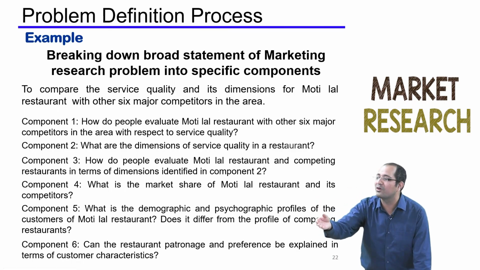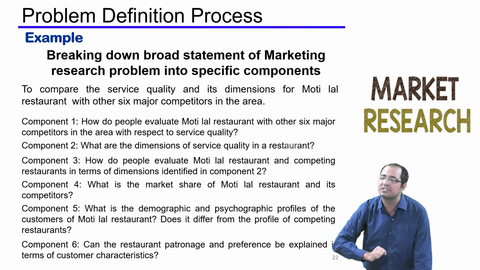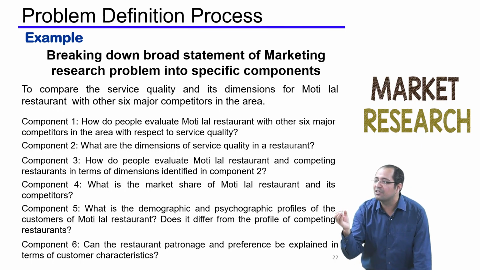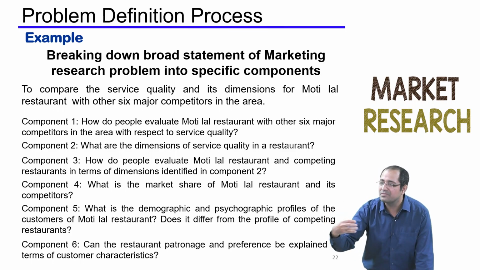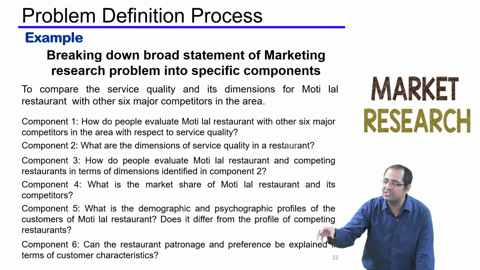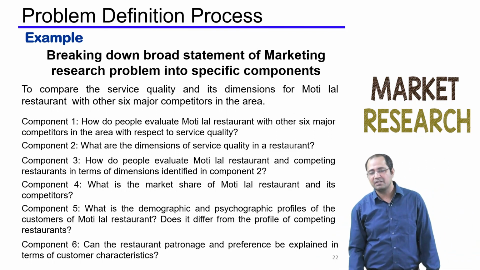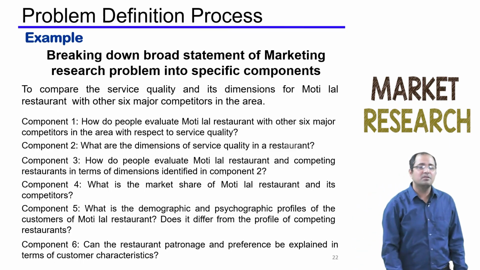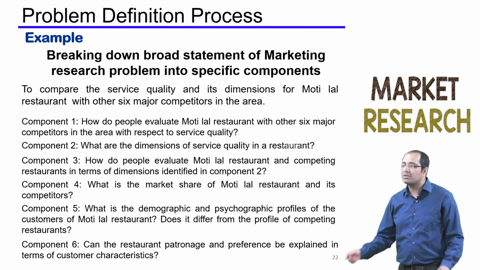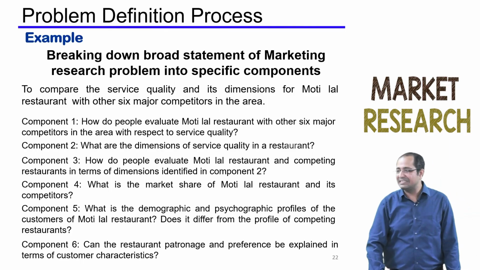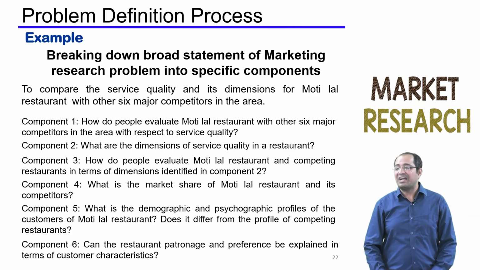So you have to get to know your customer demographics, psychographics, and how your product would appeal to them, or to different segments if there are multiple segments, and so on. So that compulsory component you will have to write. So this is how you have to break down the marketing research problem into components. In the next class we will start doing that.